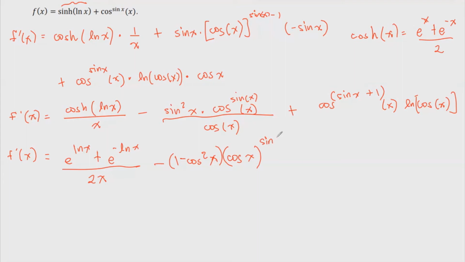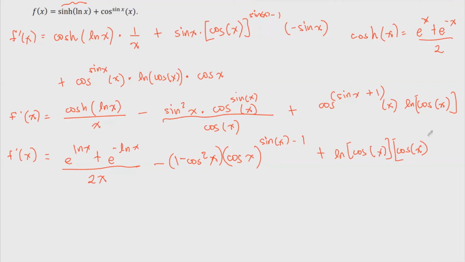So that's actually sine of x minus 1. Okay, so this cosine of x is raised to this expression. Then plus this one, I can't do anything about this, so I'll just copy this ln of cosine of x. Then I'll write this the same way I did for this one.